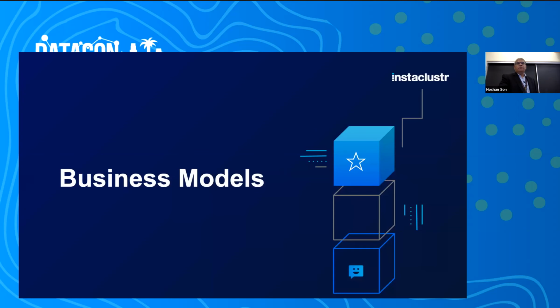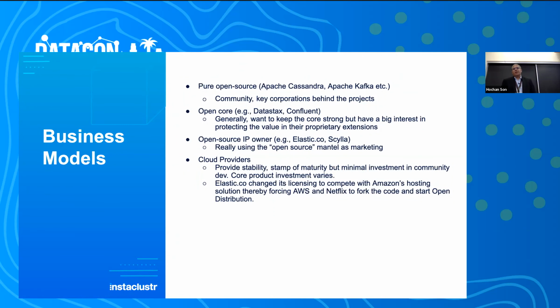Next is business model. There are a few business models I want to discuss. One is pure open source, which technically is not a business model because I'm not making any money out of it, like Apache Cassandra and Apache Kafka. They are true open source software owned by the community. There are a lot of key corporations that are committing to it. And then second is open core. That's again a business model.